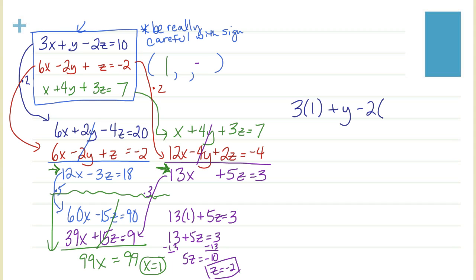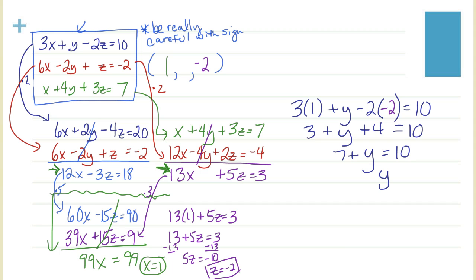Hey, where did my 2 go there? Minus 2 times -2 equals 10. 3 plus y plus 4 equals 10. 7 plus y equals 10, so y equals 3.